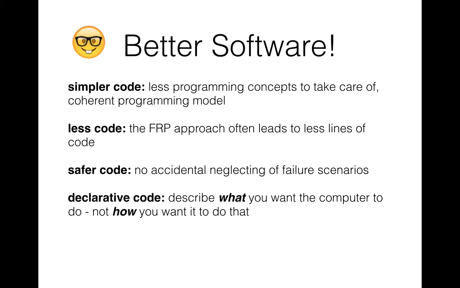So this is a very important distinction between declarative and imperative code. Imperative code means we give detailed instructions to the computer as to how it has to accomplish a certain task. Whereas when we are writing declarative code, we're telling it what we want to do, and the computer can figure out by itself how it's supposed to do that.